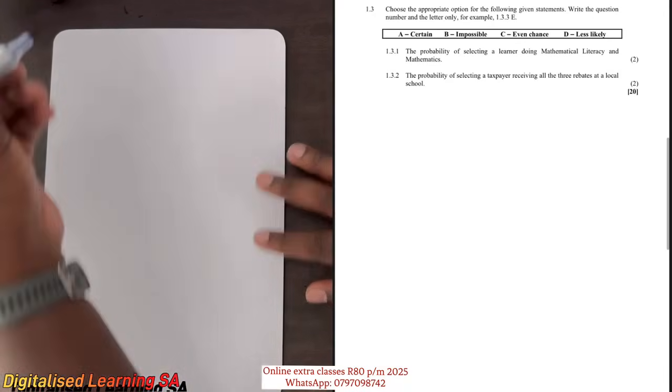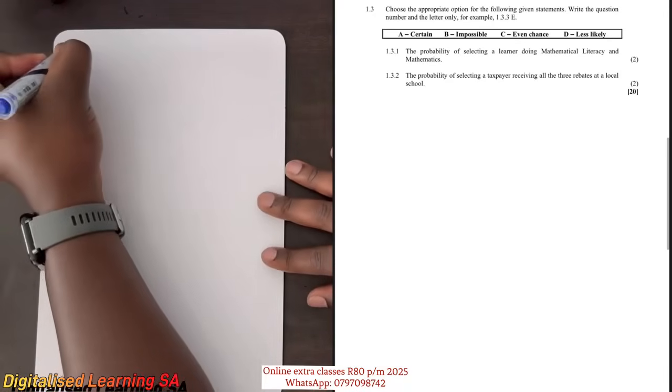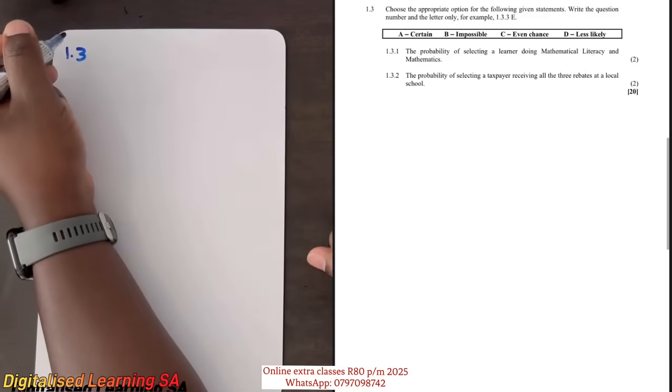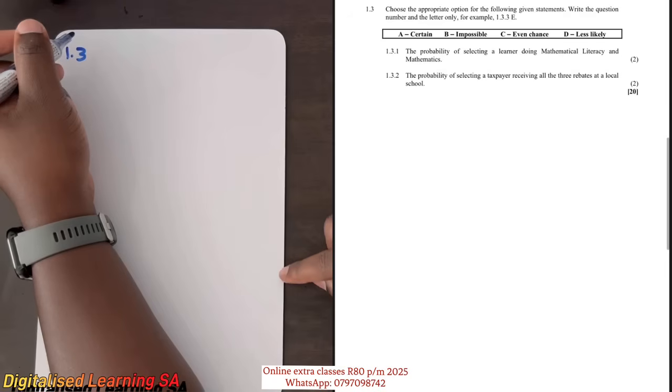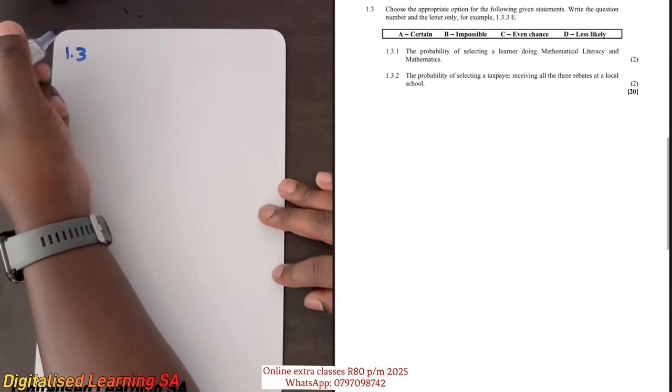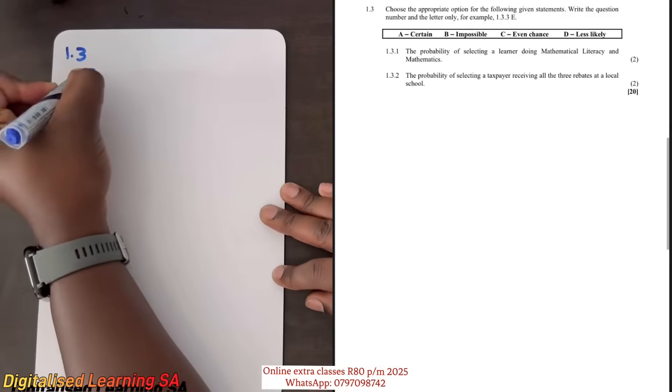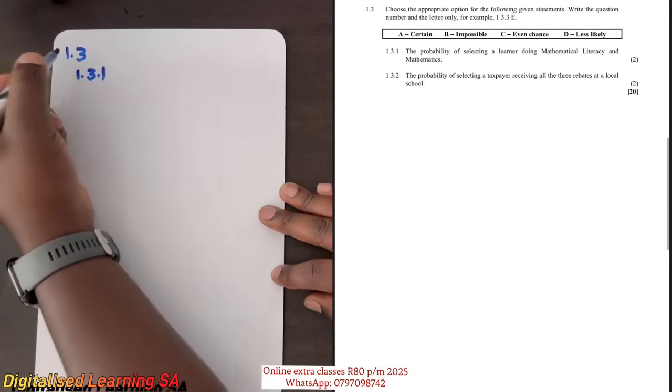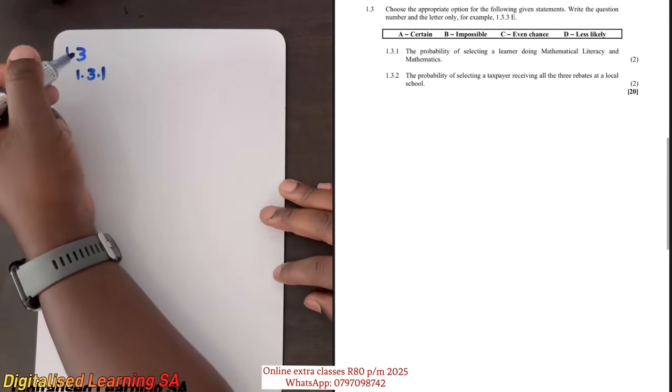We are told to choose the appropriate option for the following given statements. Write the equation number and the letter only. For example, question 1.3.3 is equal to E. Okay, so now let's go ahead and answer our questions. We are going to start with question 1.3.1.